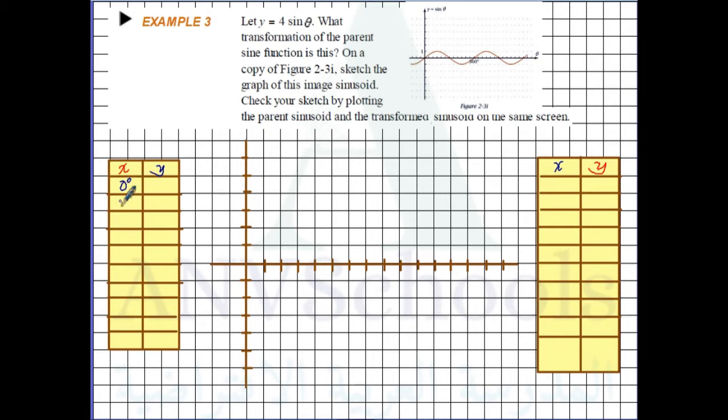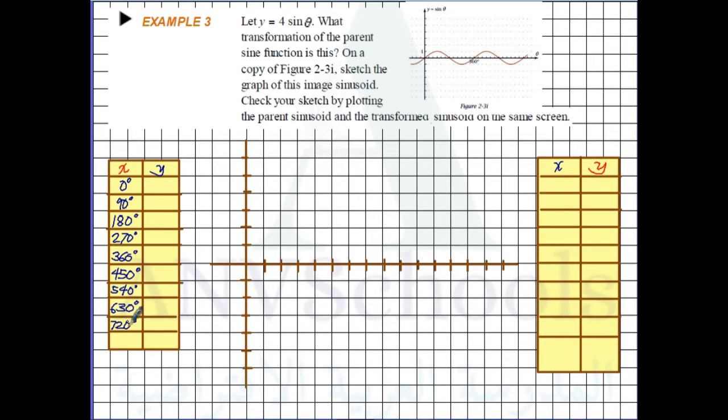So 0 degrees, 90 degrees, I missed 180 degrees. 180 degrees, 270 degrees, 360 degrees, and then after 360 degrees plus 90, that would be 450 degrees, and then plus 90, that would be 540 degrees, plus 90, that would be 630 degrees, plus 90, that would be 720 degrees.